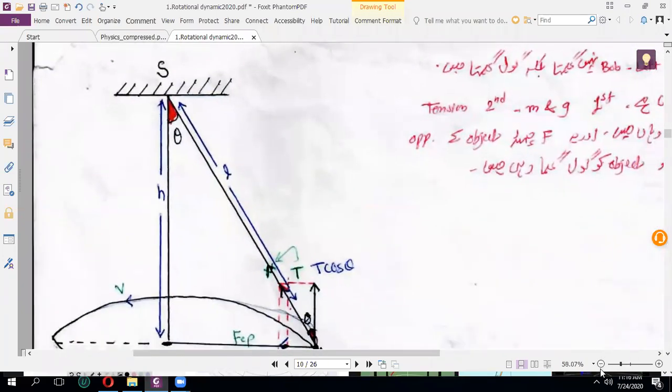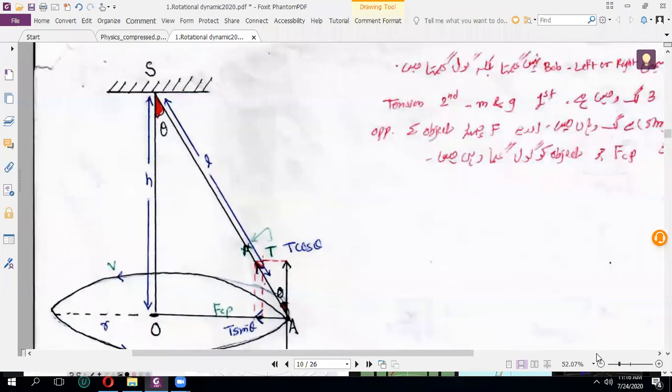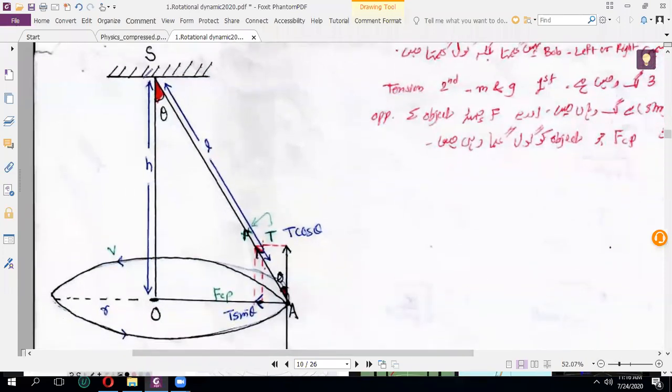Now we understand how they move. Now, suppose I tie one thread to a rigid support. The rigid support point, I name S. And I put one heavy mass object, which is called the bob, on one side of that thread, and I start moving that object on a circular path.